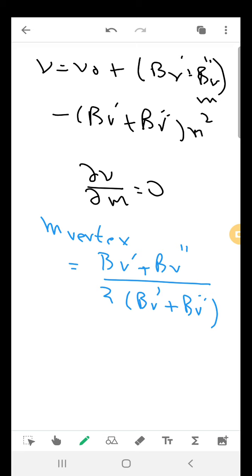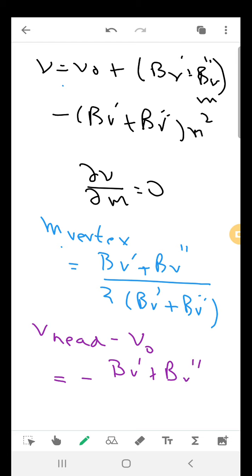And by substituting the value of m vertex into this band equation, we actually get the value of nu head minus nu0, which comes out to be equal to minus (B nu dash plus B nu double dash) squared divided by 4 (B nu dash minus B nu double dash). So this is the thing.